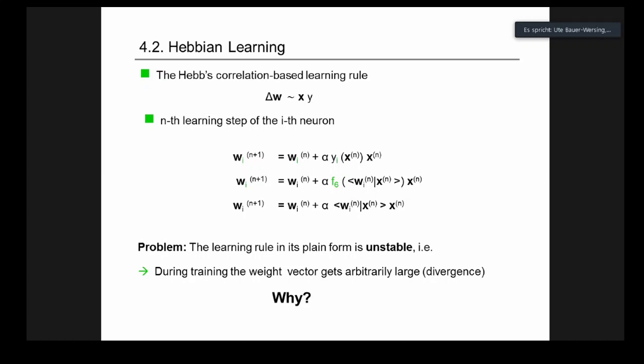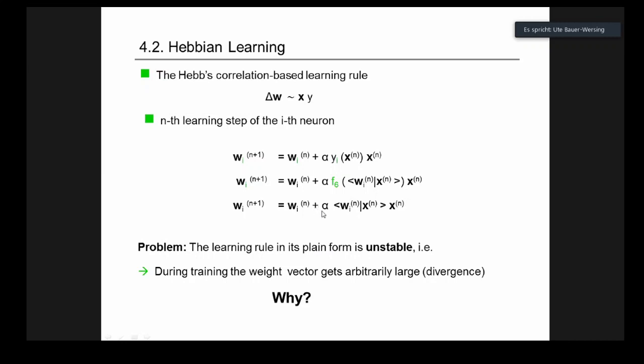At the moment, we just formulated it according to the observation of neurons that fire together, wire together. This is the principle implemented. Okay. So in mathematical terms, this learning rule has a problem. This plain learning rule, just taking the product of input and output, the correlation, as a basis for updating weights, has the problem that it's unstable.